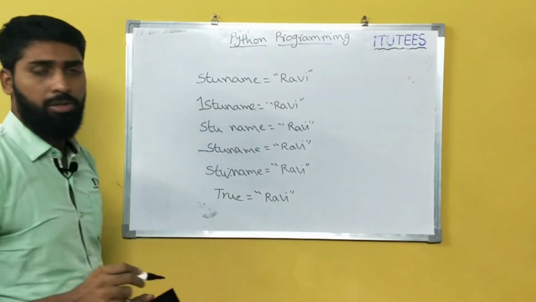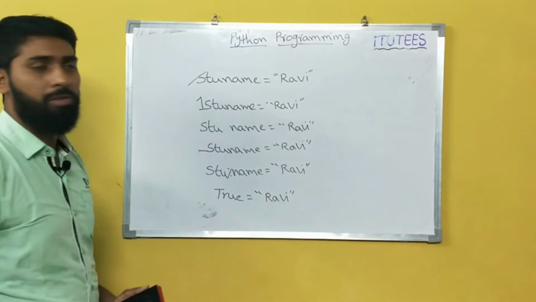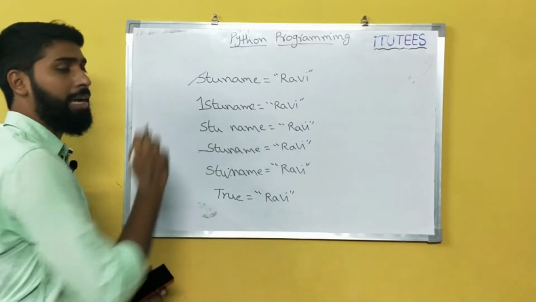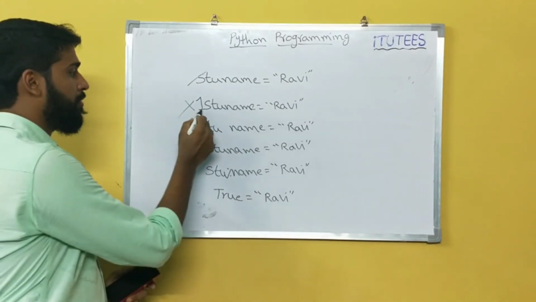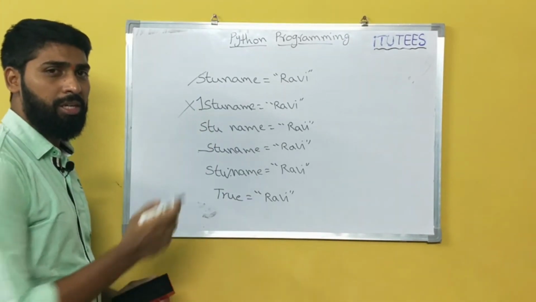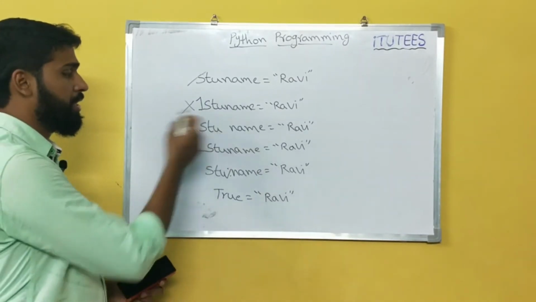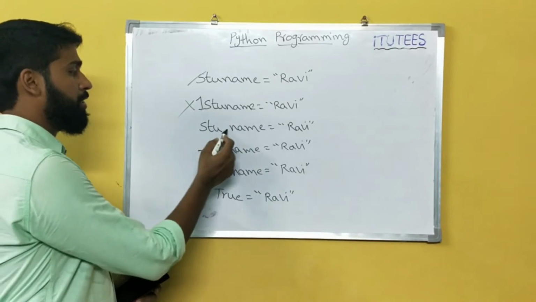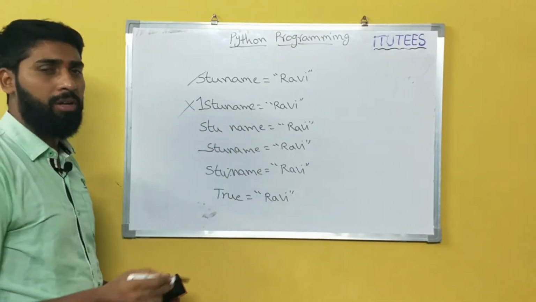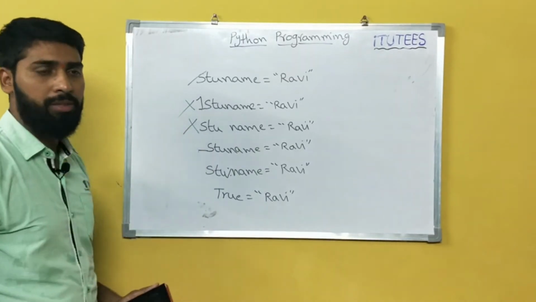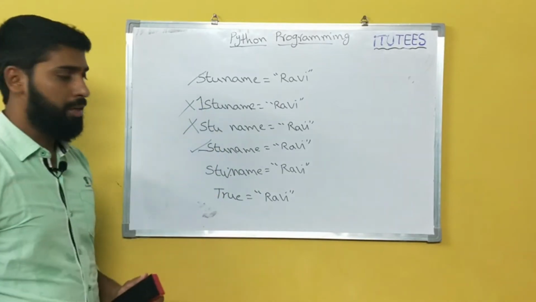The stu_name equals to Ravi, this is legal. 1stu_name equals to Ravi, is it legal or illegal? It is illegal. Why? What is the first rule? The first letter must be a character or underscore. Here the first character is 1, so it is illegal. And the third one, stu space name. Spaces and special characters are not allowed when you are defining a variable, so it is illegal. Underscore stu_name is legal.